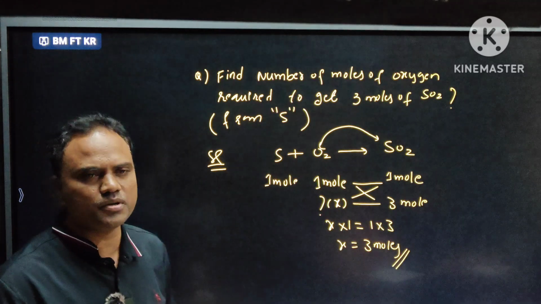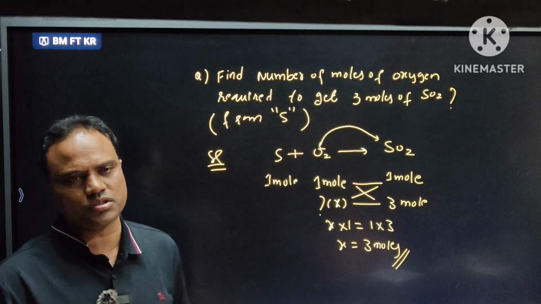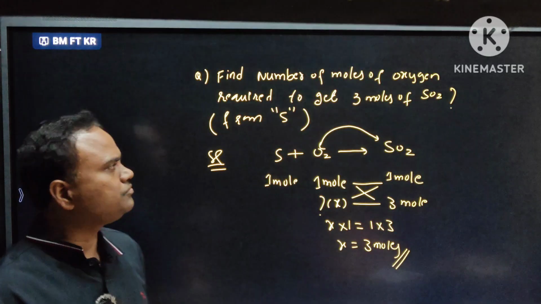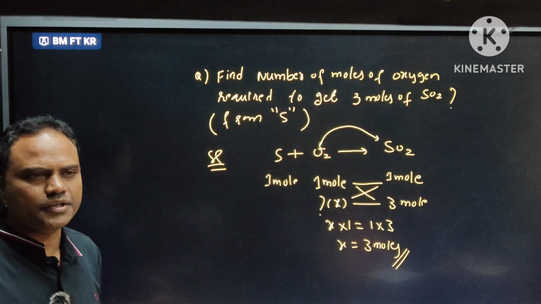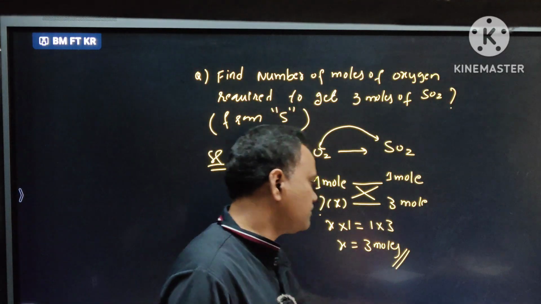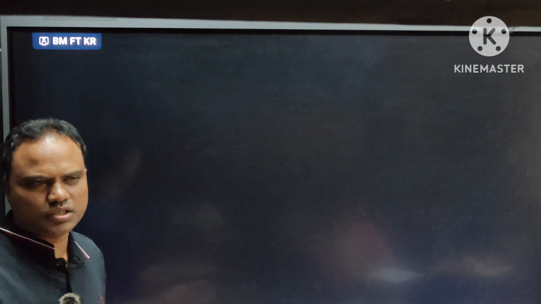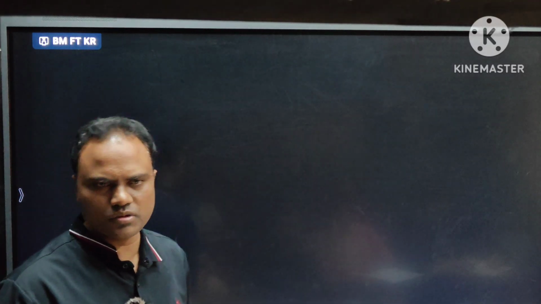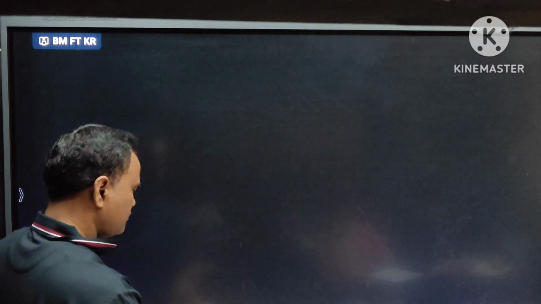Numbers in front of reactants and products are coefficients. I'll give you one question on that. Next question. Basics. All these are basics. Actually, we didn't start the NEET level. First of all, I'll give the basics. Then we will go with the NEET level.